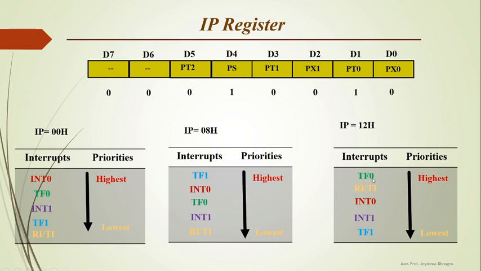So TF0 is at highest priority, then RI/TI has lower priority than TF0, and all the rest of the interrupts have priorities like this. So TF1 has the lowest priority. So in this way we can change the priorities of the interrupts.